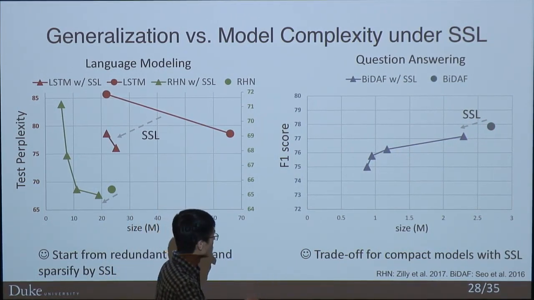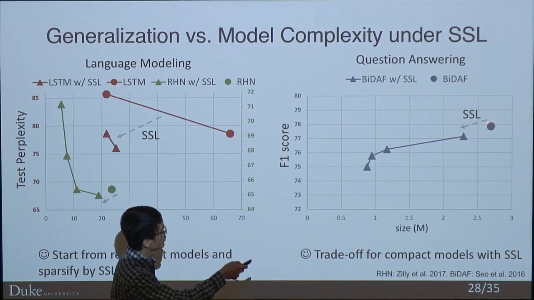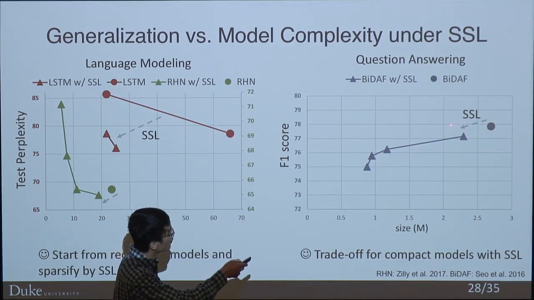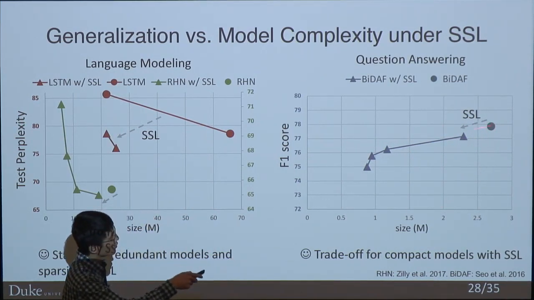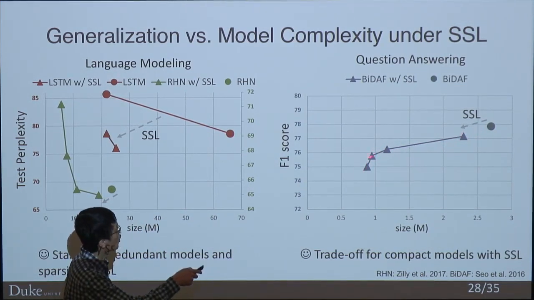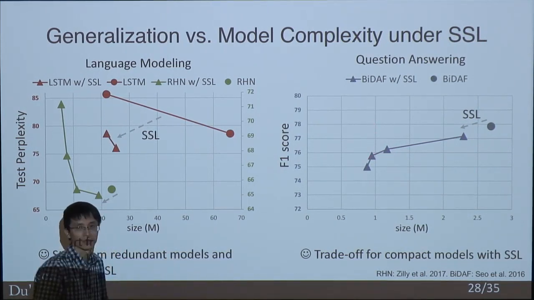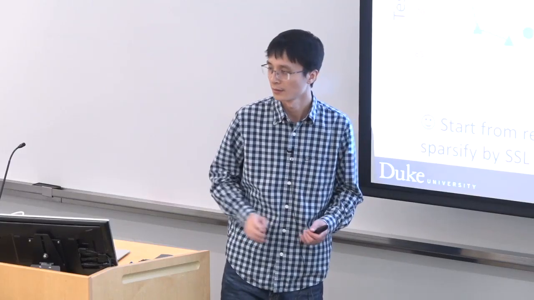Because the model is originally very compact, we cannot keep the performance but reduce the size. But we can still make a good trade-off by SSL. For example, we can reduce the size to less than 1 million by only dropping 2% of the F1 score. Which task is this? It's question answering on SQuAD. Okay.